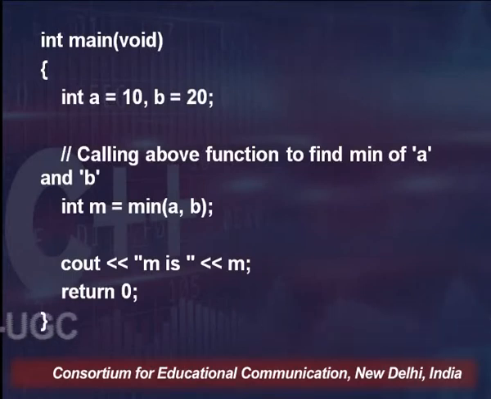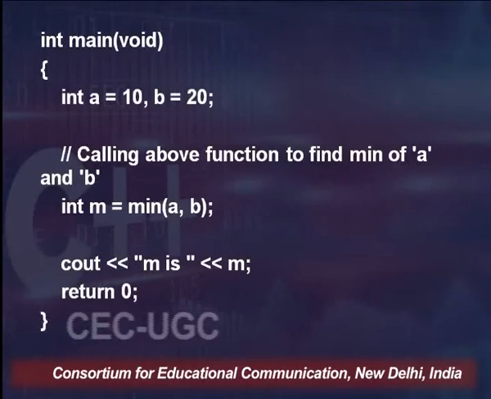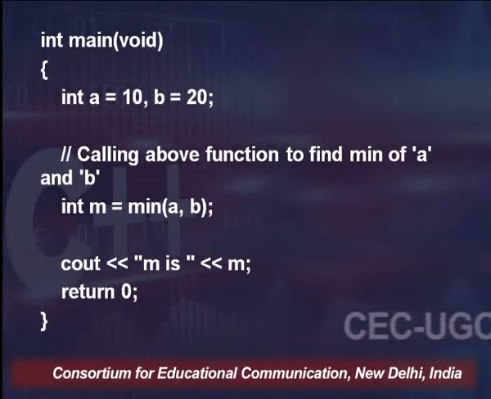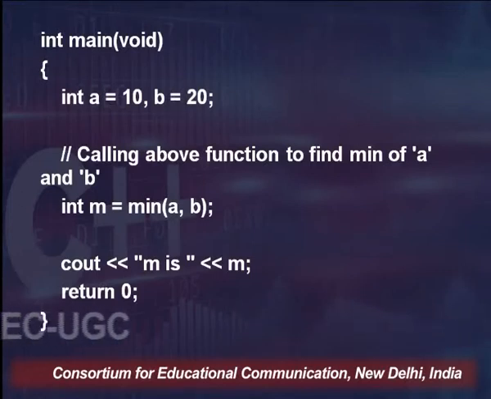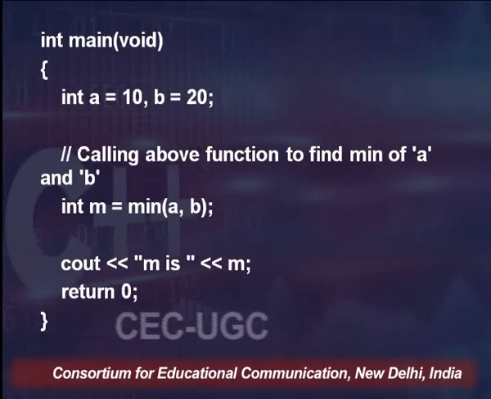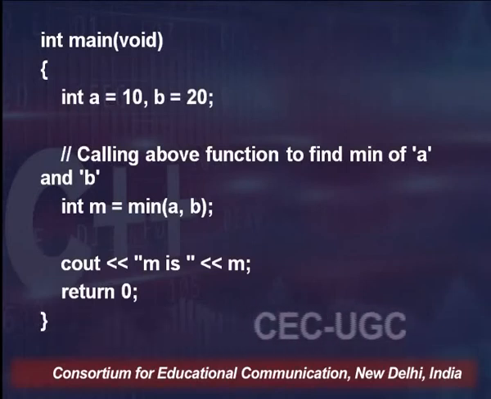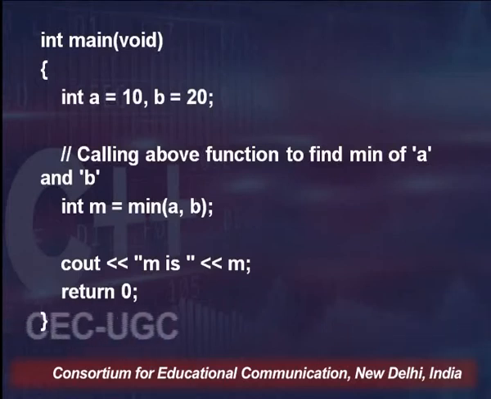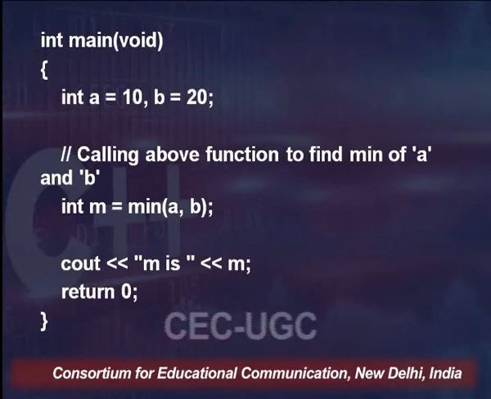Why is this return 0 being written here? Basically just to fulfill that int main condition. So int main void means integer is the return value which the main function is returning, main is the name of the function, and it has no parameter list, so that's why void is in between.